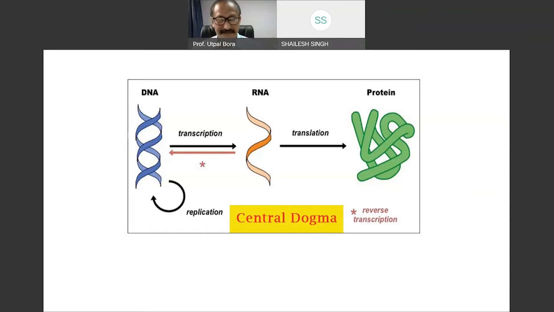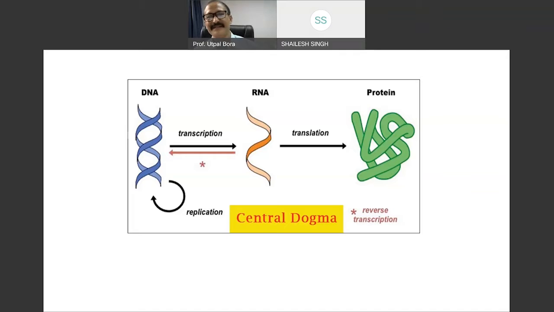Now, in this entire concept of central dogma, you have three players: the DNA, RNA, and the protein. But amongst these, DNA and RNA mostly act as information carrying molecules. The major player here is actually protein. If there were no proteins, DNA could not be transcribed into RNA, and RNA could not be translated into protein.